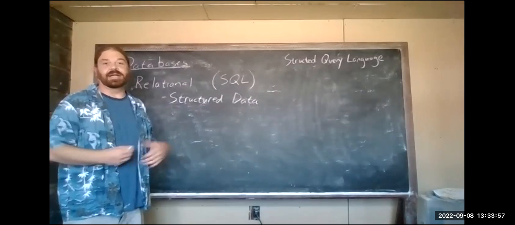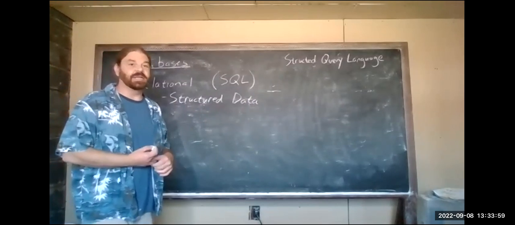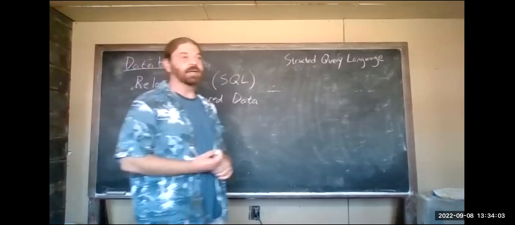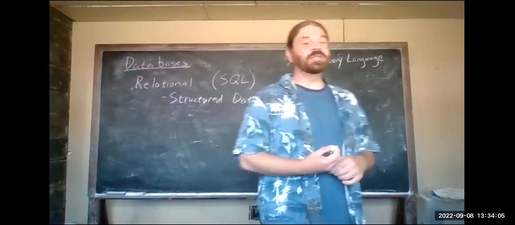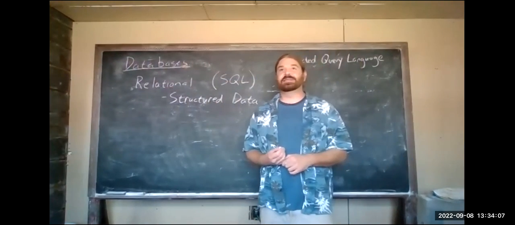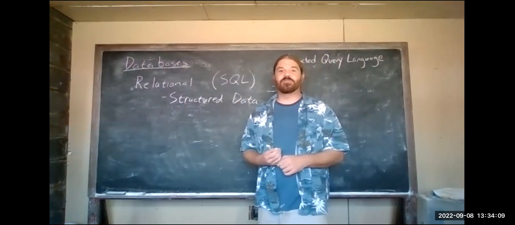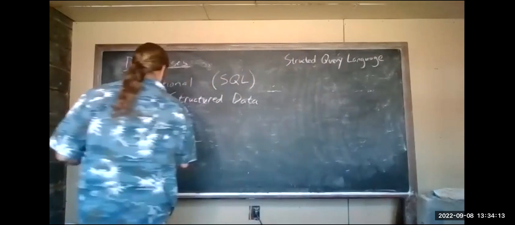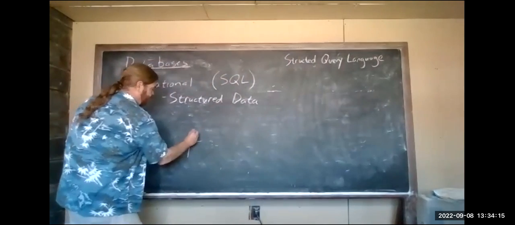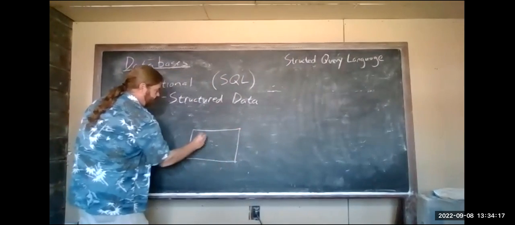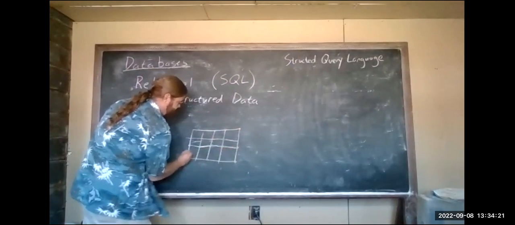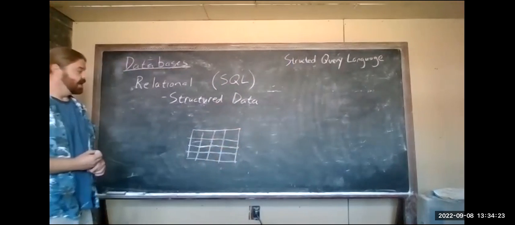in the general English term, not meaning something specific. But when we say structured data, that means something very specific. Structured data is all in the same format, very similar things. So with the relational database, we're going to think about a big table split up into rows and columns, or actually multiple tables.